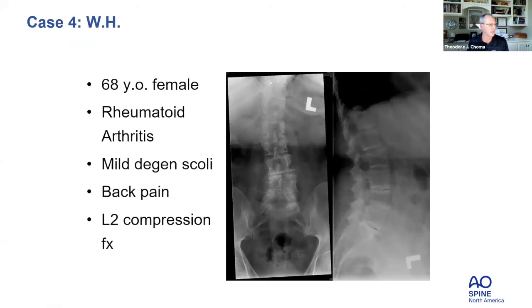All right, and I'll also start with a case that I ran into several years ago now, but it was kind of instructive. This was a 68-year-old woman with a long history of rheumatoid arthritis, and she had mild degenerative scoliosis and some listhesis, but she developed atraumatic back pain and was diagnosed with an L2 superior end plate compression fracture.